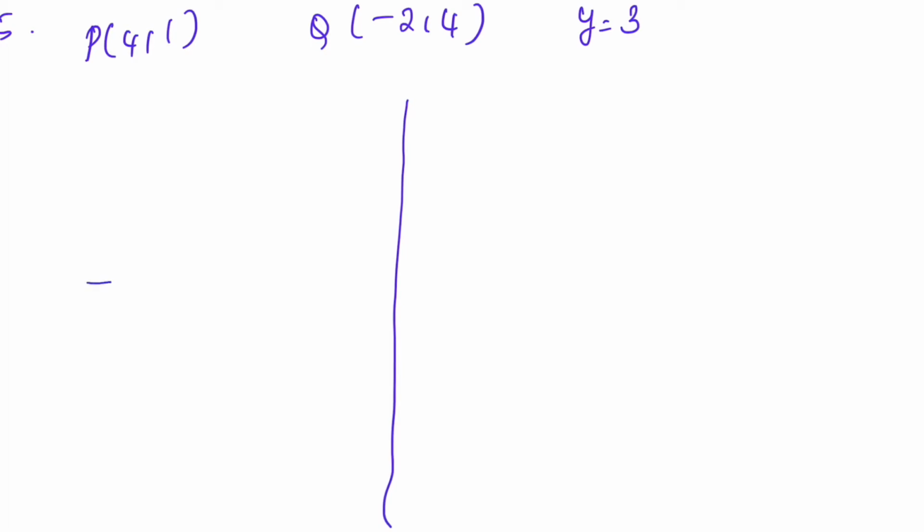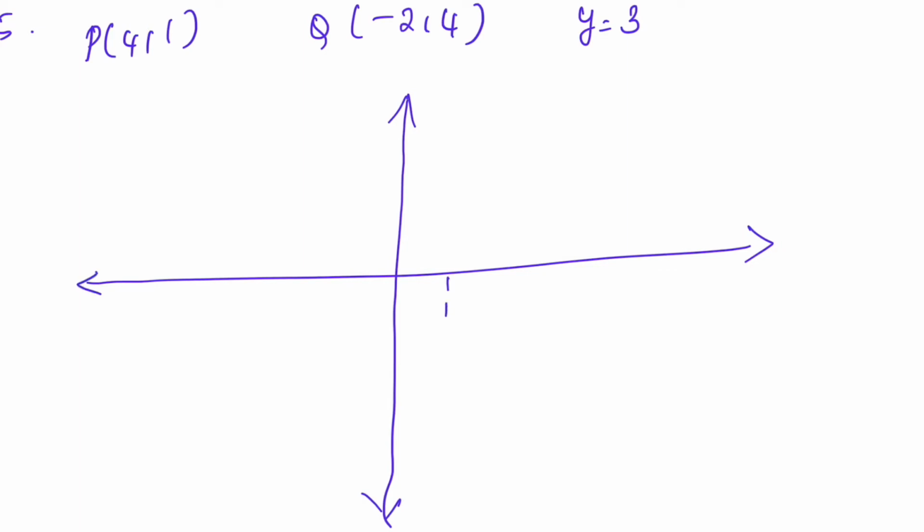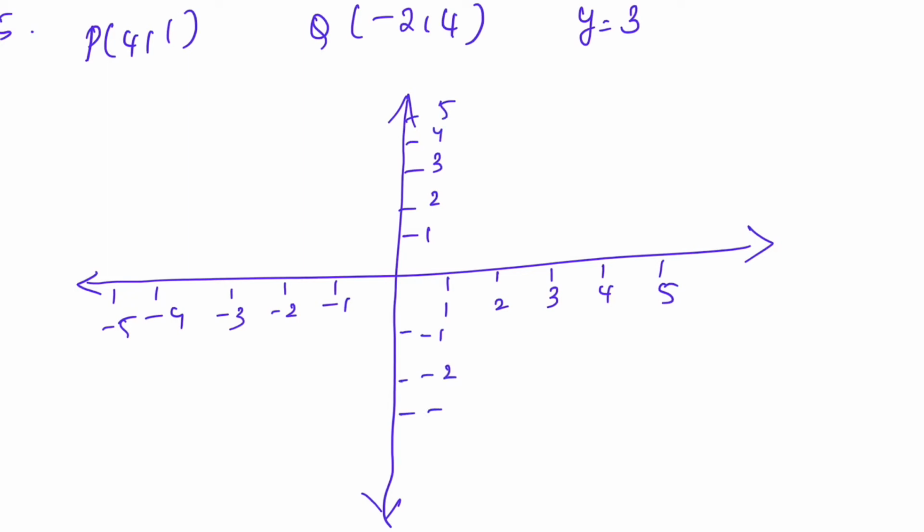Rough graph I am doing. You need to properly do it on the graph. So if I draw a graph, I get 1, 2, 3, 4, 5, that will be enough, -1, -2, -3, -4, -5. Similarly 1, 2, 3, 4, 5, -1, -2, -3, -4 and -5.